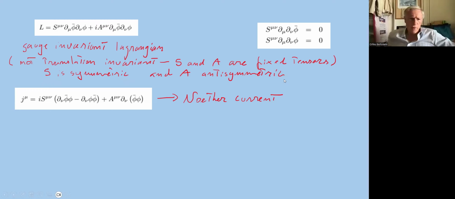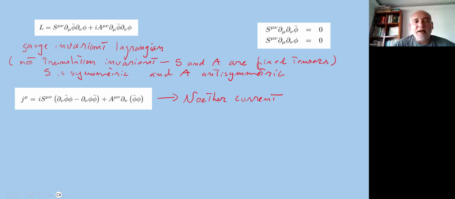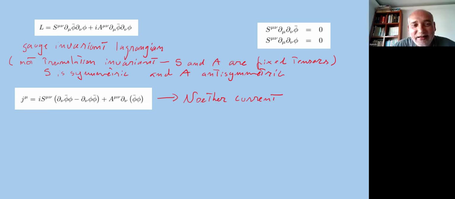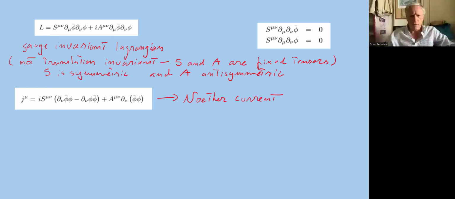Yeah, but by definition, it should be minus the initial term that you have written. And if I change mu for nu in the derivative, it's not obvious that it's the same, because they act on a different phi. Okay, it would be better to write this explicitly, but I take your point. From the gauge symmetry point of view, it's the same.